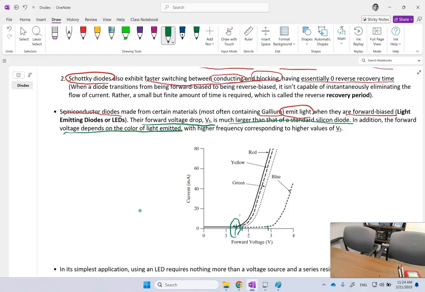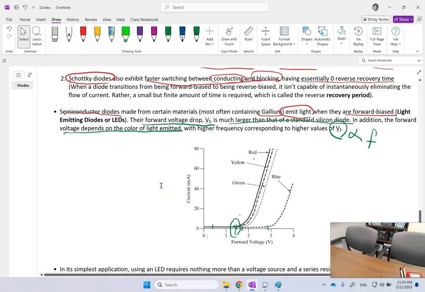So the forward voltage does depend on the frequency of the light. Okay, the bigger the frequency is, the more you go toward blue, the bigger the forward voltage. But the more you go toward red, the smaller the voltage that you need. But all of them are more than the 0.5 or 0.6 of typical PN junction diodes. Okay, so this is the characteristic of LEDs.